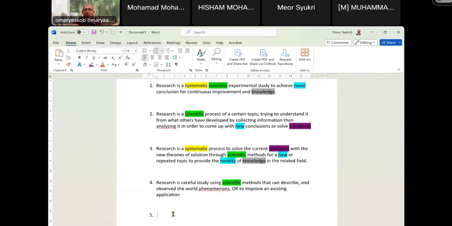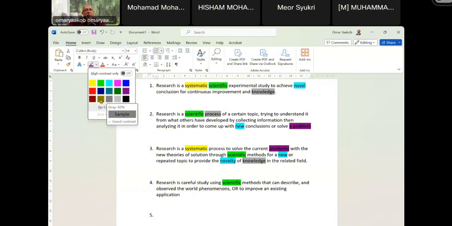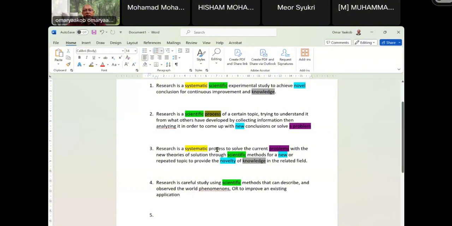Of course you can add the rest, but that definition must contain all this. So maybe process. Process we didn't say. Process also two here. Process here? No.